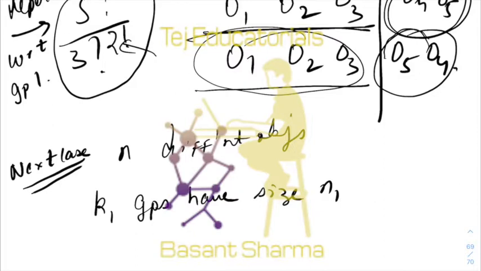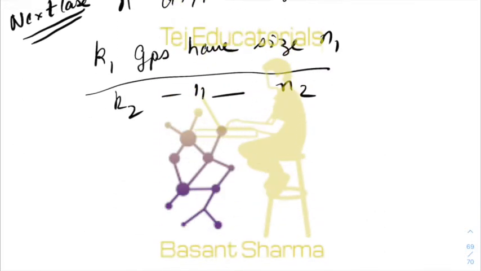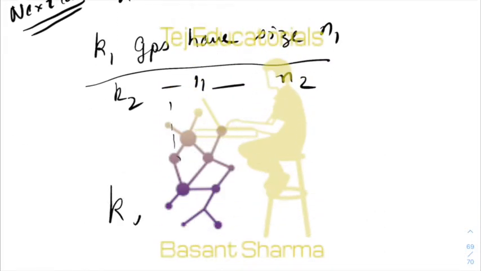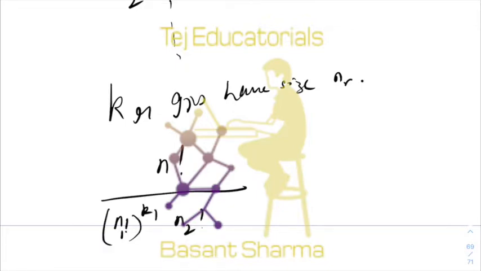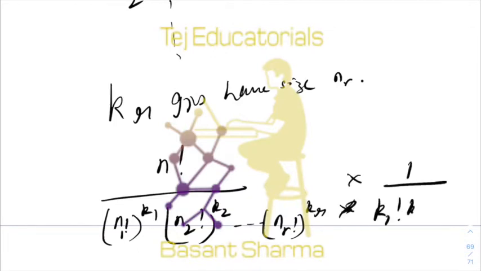Now we are saying that k1 groups have size n1, k2 groups have size n2, and so on till kr groups have size nr. Then the required number of ways of grouping will be n factorial upon (n1 factorial)^k1, (n2 factorial)^k2, till (nr factorial)^kr, into 1 upon k1 factorial, k2 factorial till kr factorial.